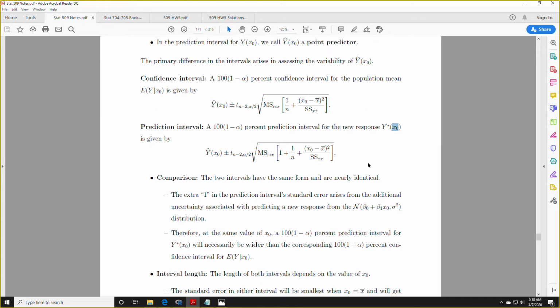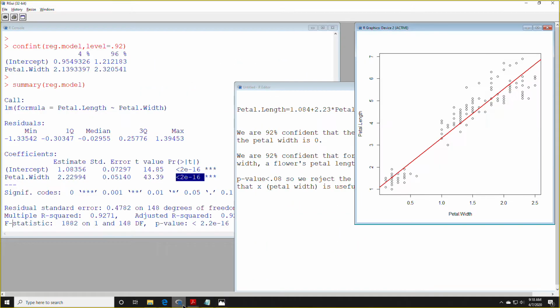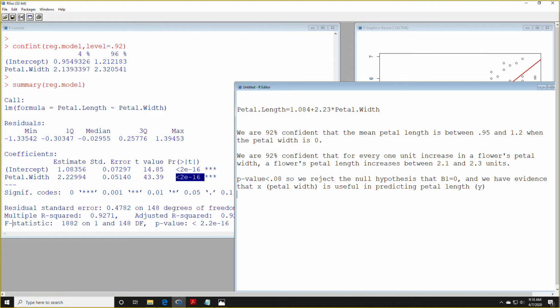What we're going to see is that prediction intervals are wider than confidence intervals for the same significance level. That should make a lot of sense.